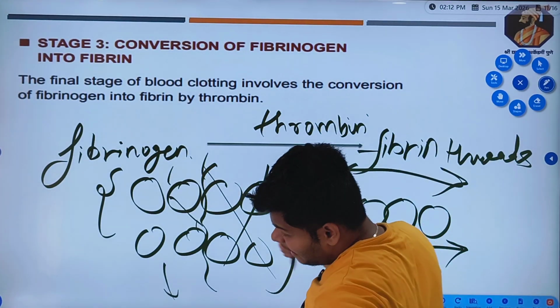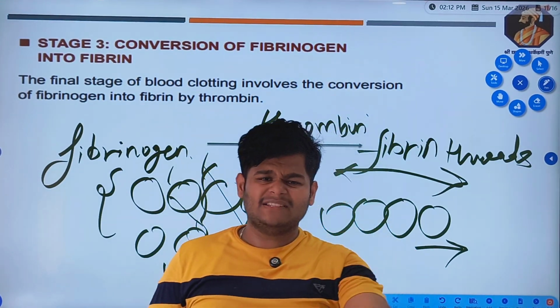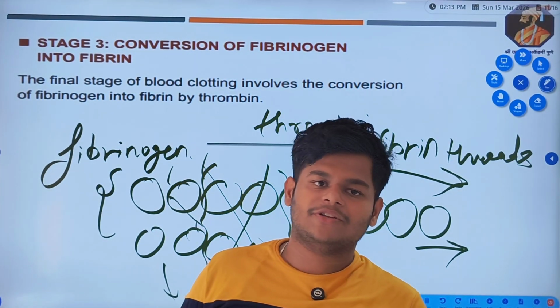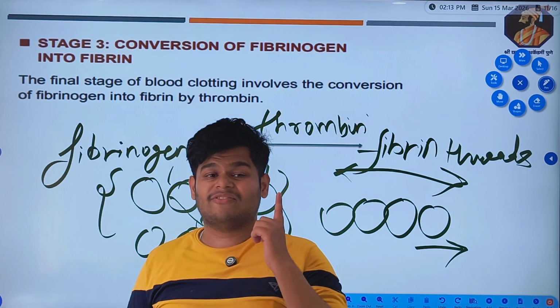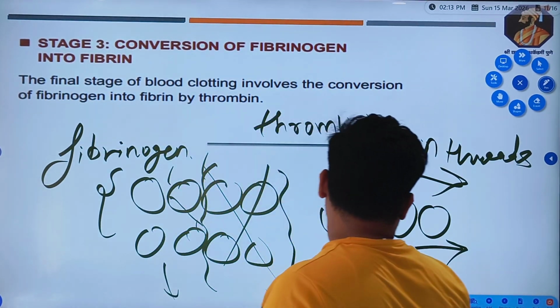This thread ties over the platelets and your clot is formed, and this clot becomes stable and thick with the help of the 13th factor present in your blood. It is called factor 13, the stabilizing factor, right?